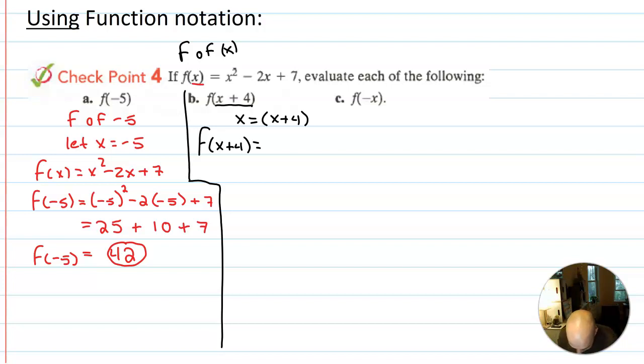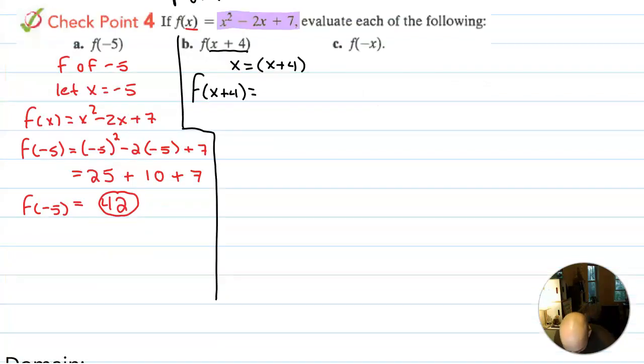So here I'm going to use the function that was written above and sub in x plus 4 anywhere there was an x. So this is going to be x plus 4 squared minus 2 quantity x plus 4 plus 7. When you do this x plus 4 squared, remember that it's not just x squared plus 4 squared, it's x squared plus 8x.